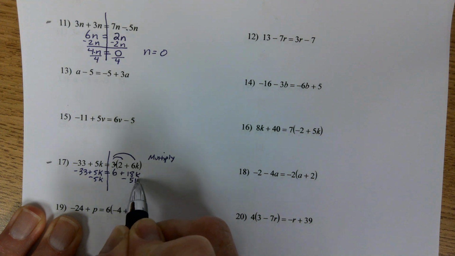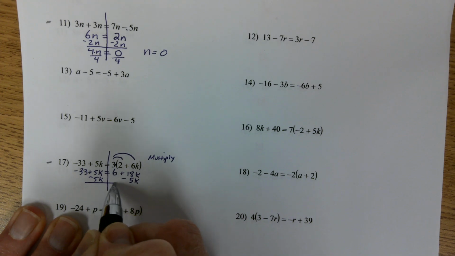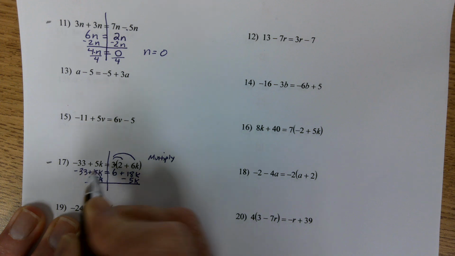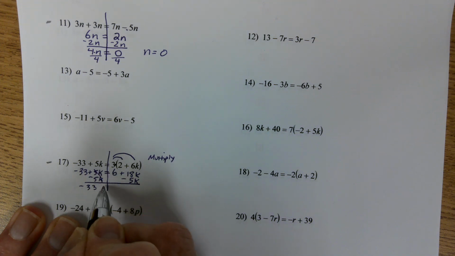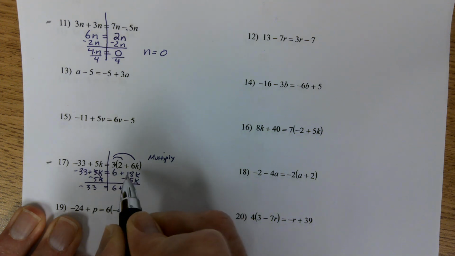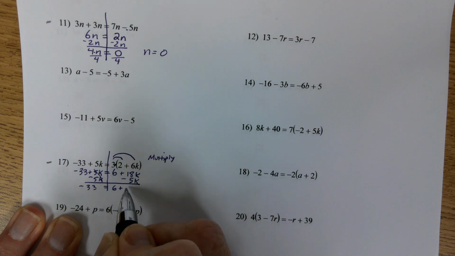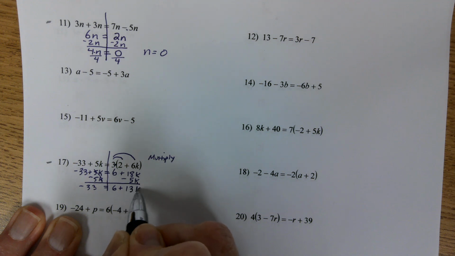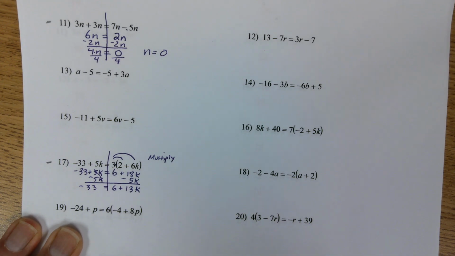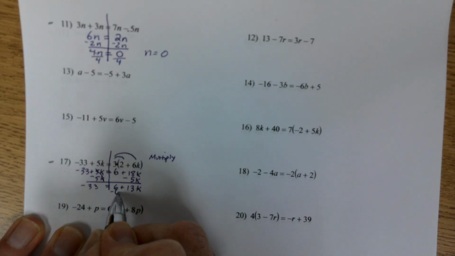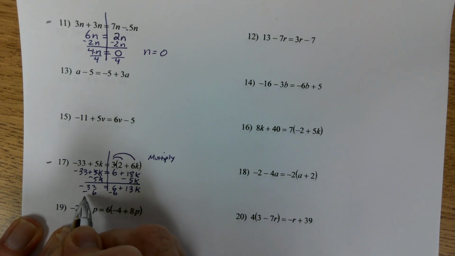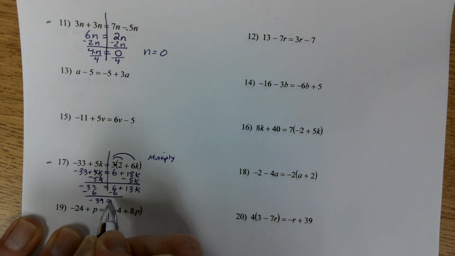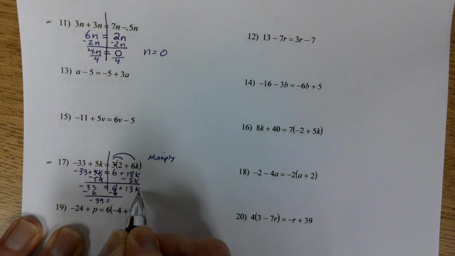I will subtract 5k from both sides. 18 minus 5 is 13k. Now I'll subtract 6 from both sides. Negative 39 equals 13k.